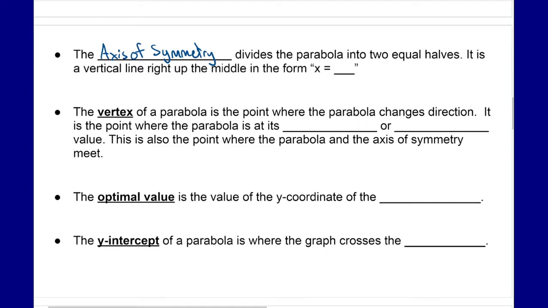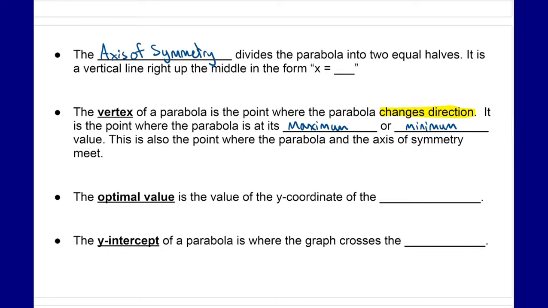The vertex of a parabola is the point where the parabola changes direction. So where it changes, if we're heading down and then we start to go up, or if we're going up then we start to go down, that point where it changes is the vertex. It is the point where the parabola is at its maximum or highest, or minimum or lowest value.